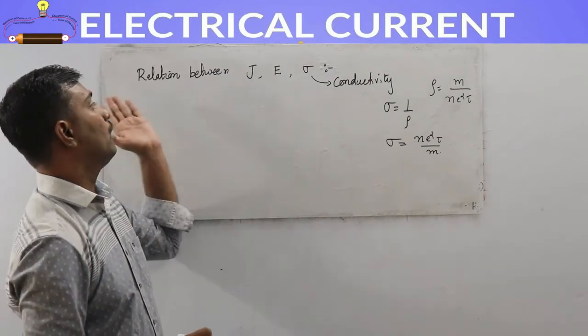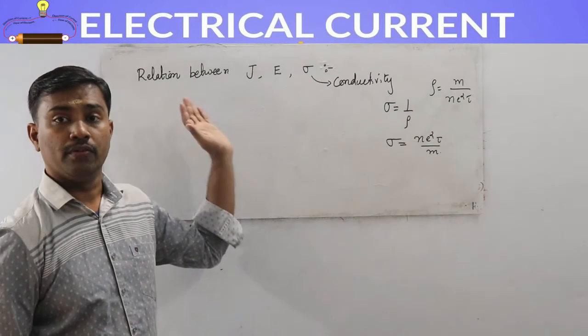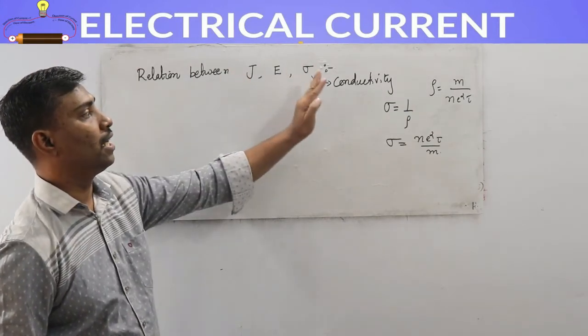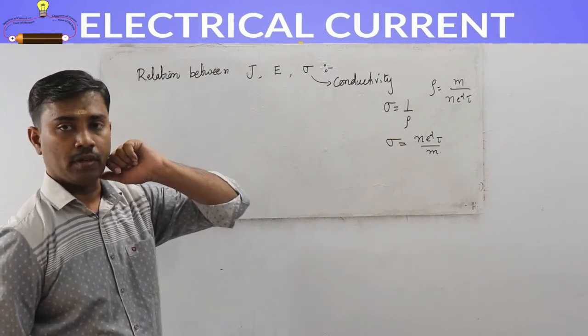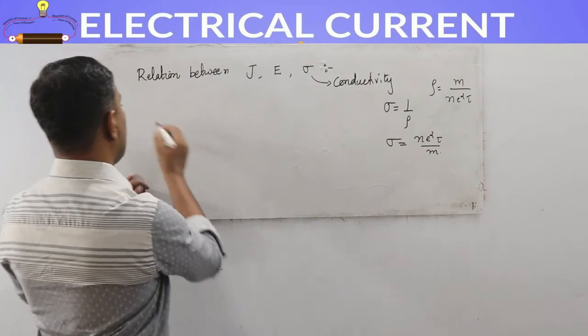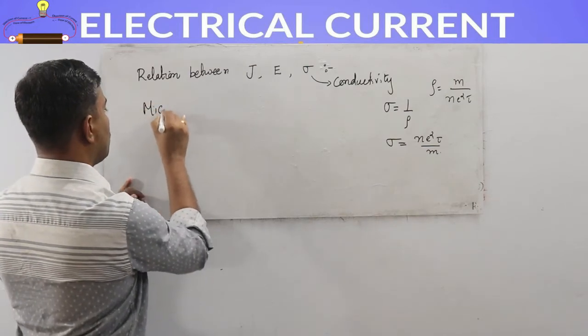But what we need to find out here is the relation between current density, electric field and conductivity. Otherwise, we call it the microscopic Ohm's law.